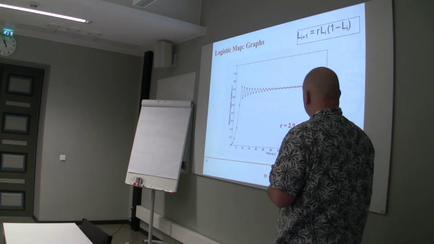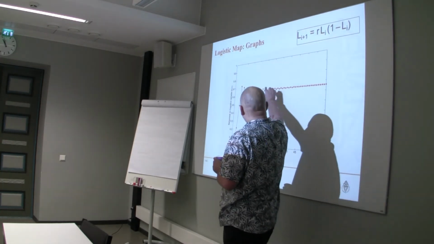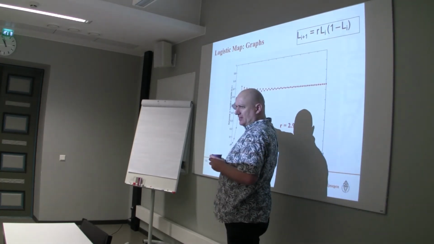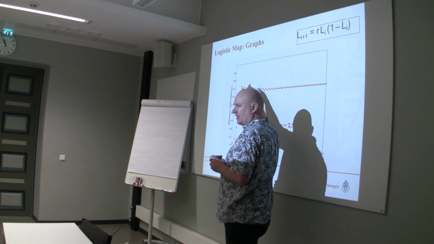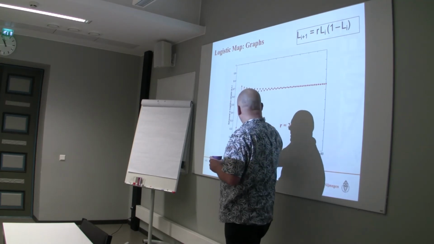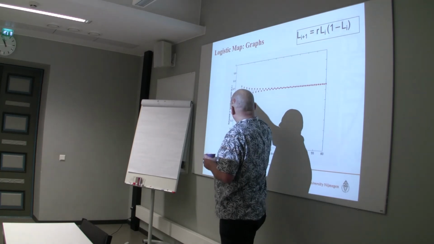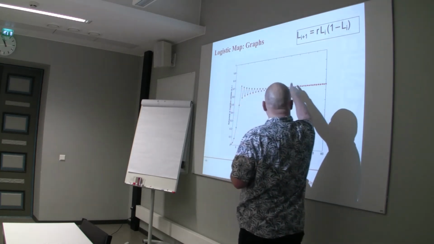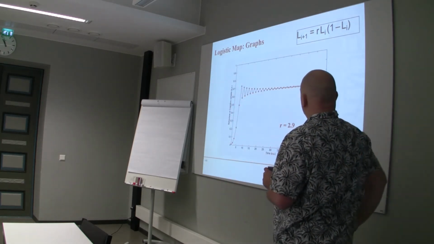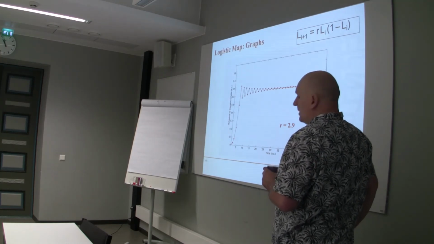We see something like this. This little part here, we already saw in the linear map, for one of those negative values. And now it turns up here. So first we have some growth, it goes to some level, then it oscillates, and it ends up at this value.